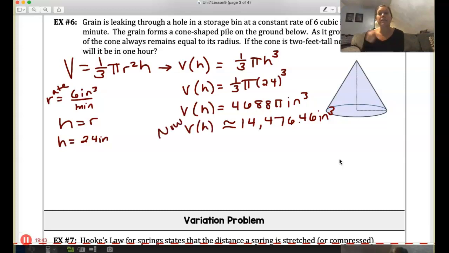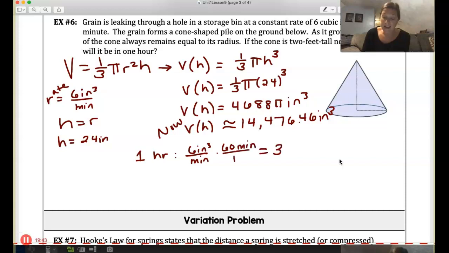So now I need to find my volume 1 hour later. So if it has a rate of 6 inches per minute, in an hour, how many more cubic inches are going to get added? So after 1 hour, we're doing 6 cubic inches per minute. We have 60 minutes in an hour.